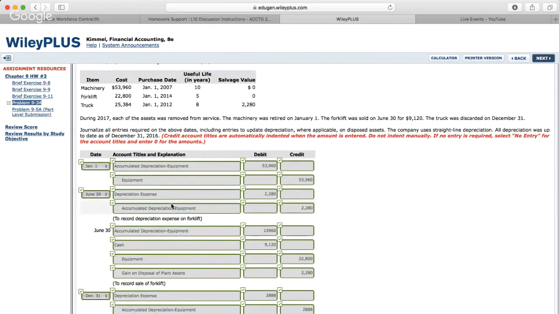So what you do is you would do the 22,800 minus the salvage value of 0, and you divide that by 5, and you get 4560, and then you multiply that by 6 divided by 12 because it's in June. So June is the 6 months out of 12 months in the year, and that's where you get the 2280. So you debit depreciation expense and you credit accumulated depreciation for equipment.